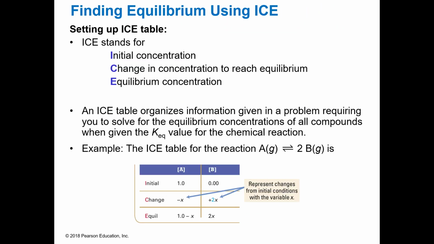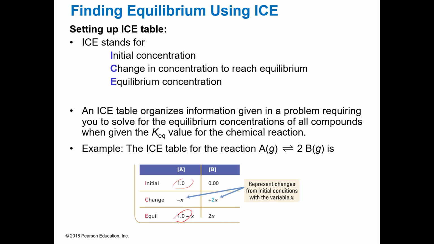So the ICE table, if you recall, is initial concentration, then the change, and then the equilibrium concentration. In this case, we're using X as a variable because we don't know. If we know the initial and the equilibrium, we can figure out what the change is.